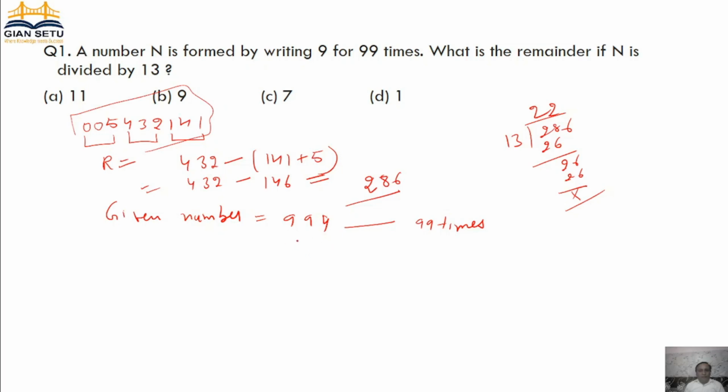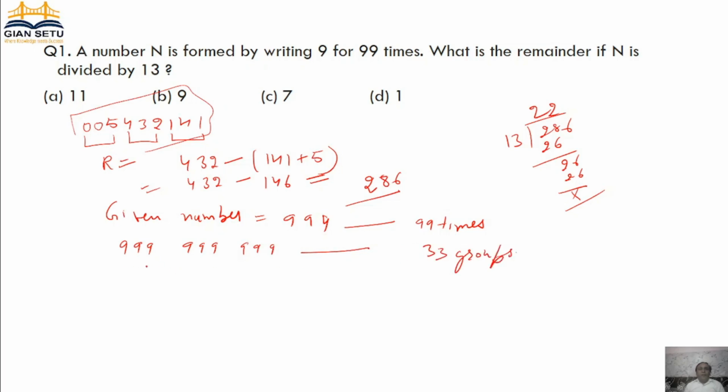Now if we divide this number or group this number into blocks of 3 digits, then we will have 33 groups of 999, like 999, 999, 999. Okay, so there will be 33 groups.